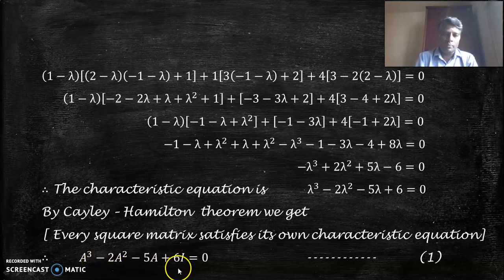So this becomes a single matrix, and replacing it gives the 0 matrix. So every square matrix satisfies its own characteristic equation. For that we write A for lambda.